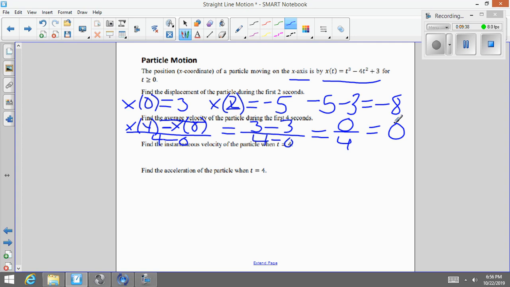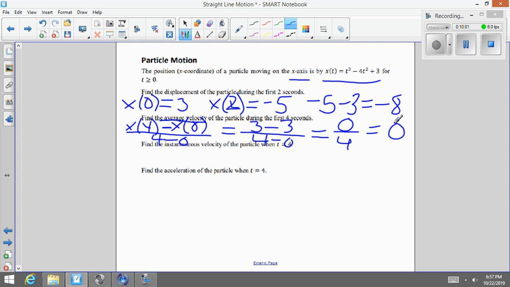All that means is if we were to connect the 2 points on this graph, if we plotted the points (4, 3) and (0, 3) and connected those points with a line, that line would be horizontal, okay, which is why we're getting 0 for the average velocity.